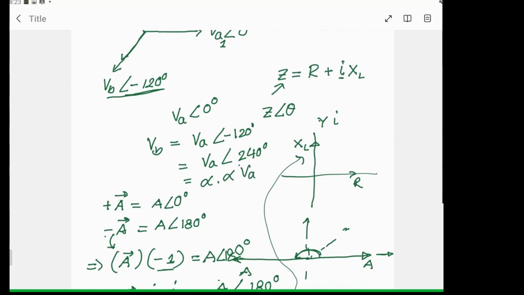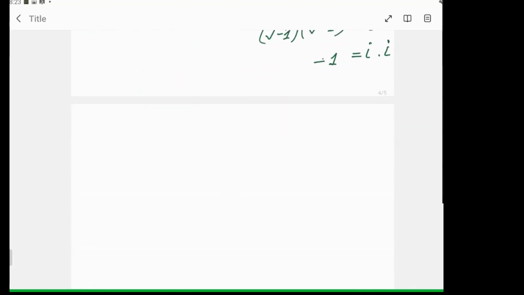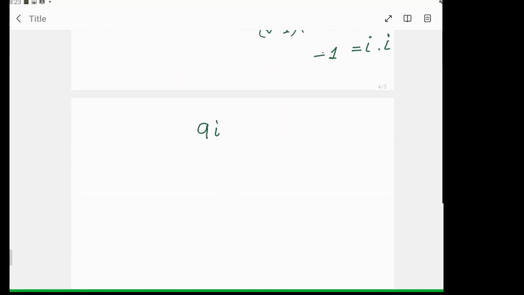Do you get the idea? So whenever I have multiplied a quantity, let's say I am writing this one 9I. What do I mean by 9I? That means if I have a reference here, this is my reference. My 9I is the magnitude of 9, and it is making an angle of 90-degree.